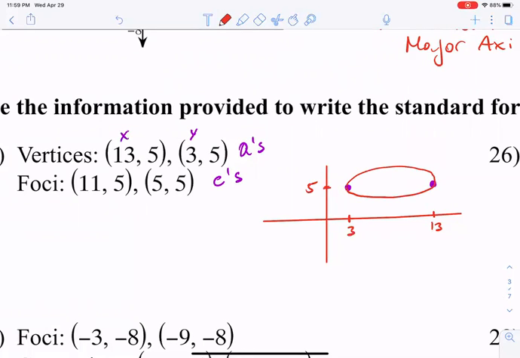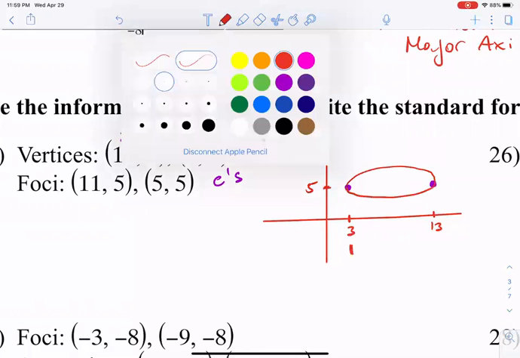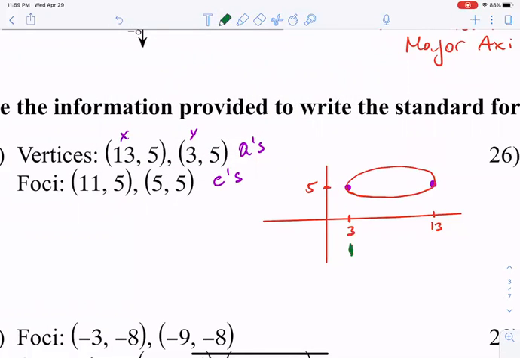I don't think too much, and then after that, I think about my A values. I think about the distance. Let me put that in another color. What is the distance from 3 to 13?